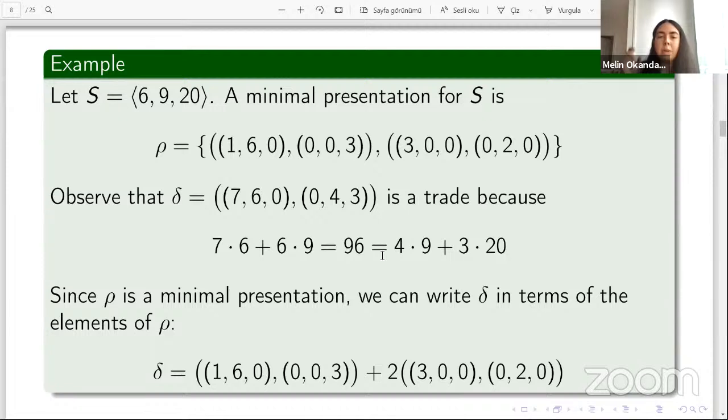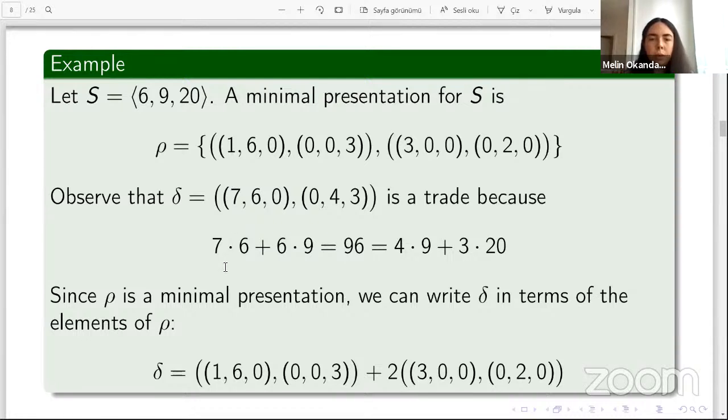Well, I am summing a copy of the first trait, and then I am multiplying the second trait 2 times, and then I'm summing them up. Let's see it. Here in the first coordinate of the first factorization, I have 1, and in the second one, I have 2 times 3. So 1 plus 6 will be 7. Here you can see we have 7.